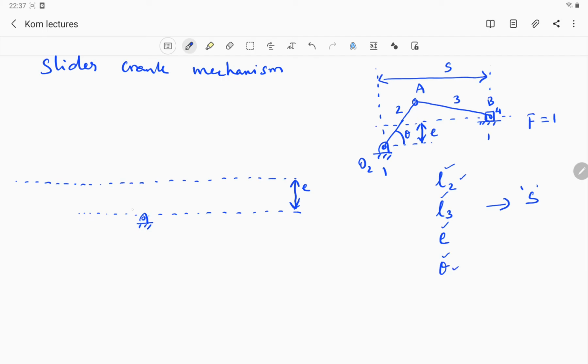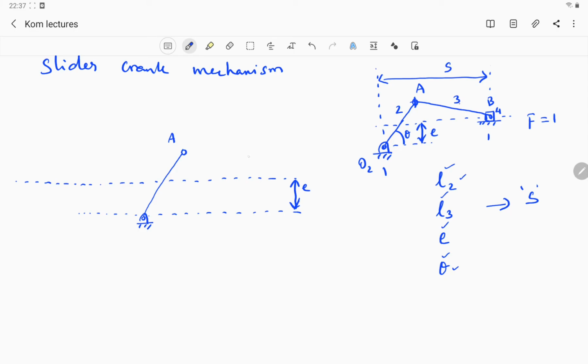So from this I can draw a line segment, and that's our A. Now the point B I can identify by drawing a circular arc with A as the center and L3 as the radius.